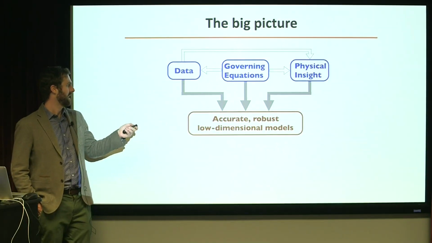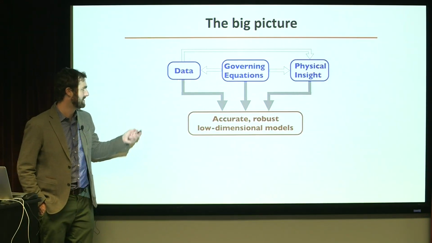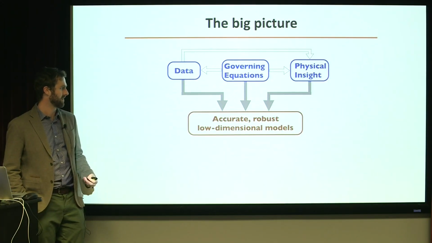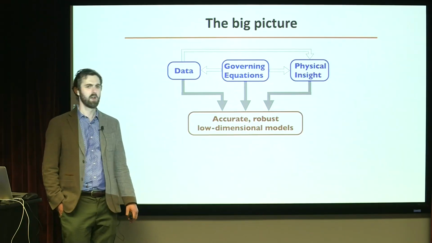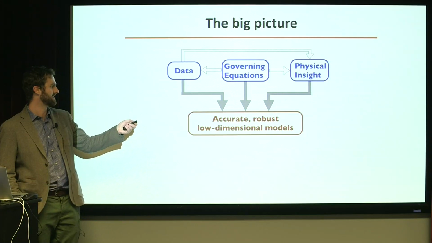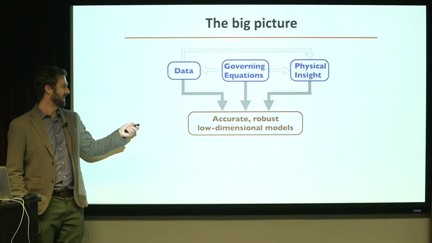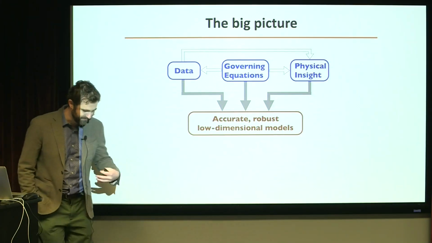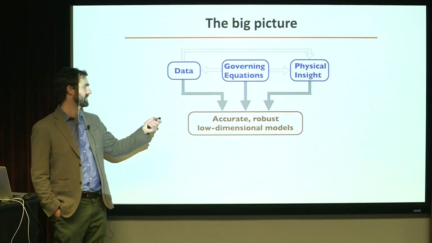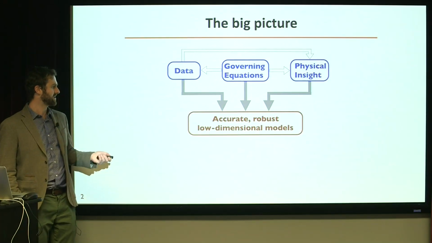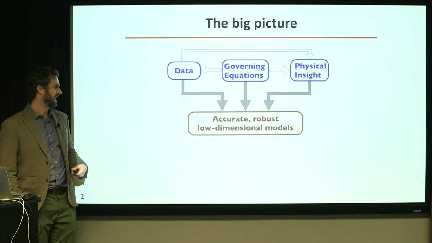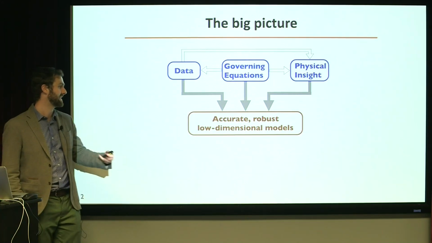And from there, these days, we can generate more and more data. So the questions that I'm interested in asking revolve around how we can best utilize everything that we know about a system: the equations that we start with, the data that we can get from computations or experiments, along with whatever insight comes with the study of those two things, to come up with models for our system that are more tractable than the exact system.